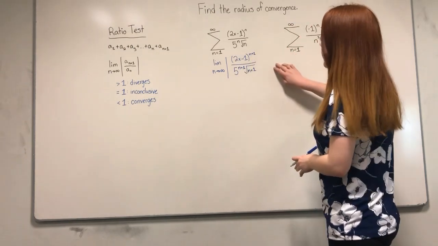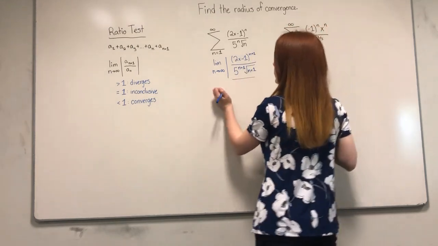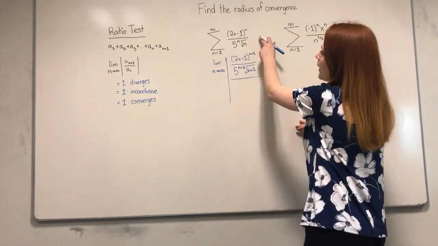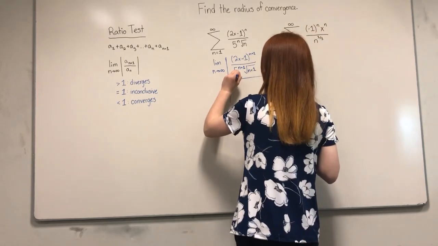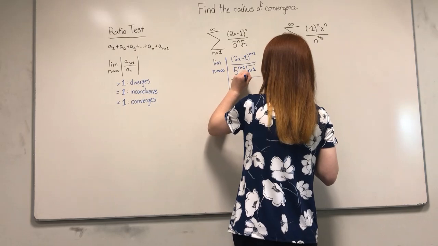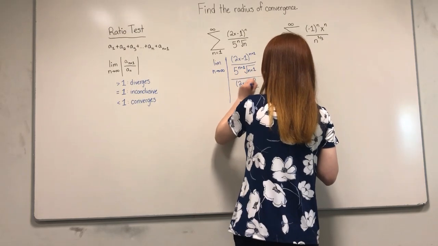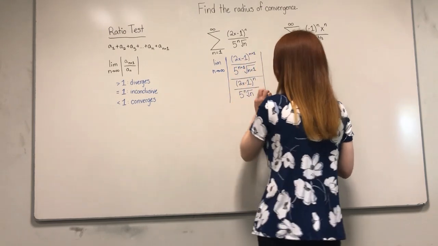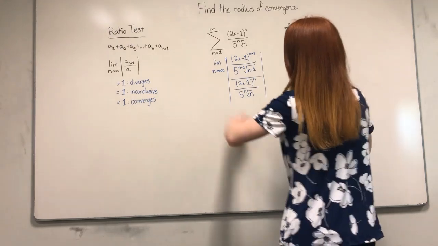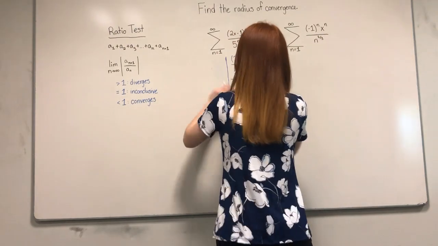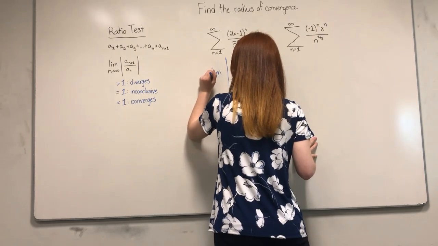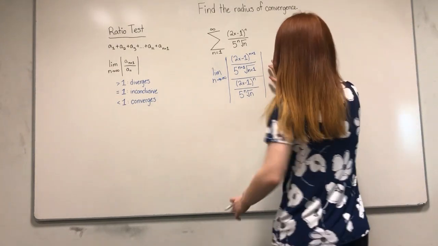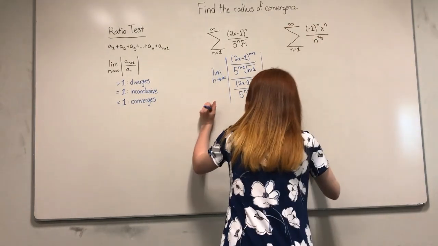And then this is all divided by the regular a sub n, and the absolute value of that, right? And so how we can simplify this, again, is multiply by the reciprocal.